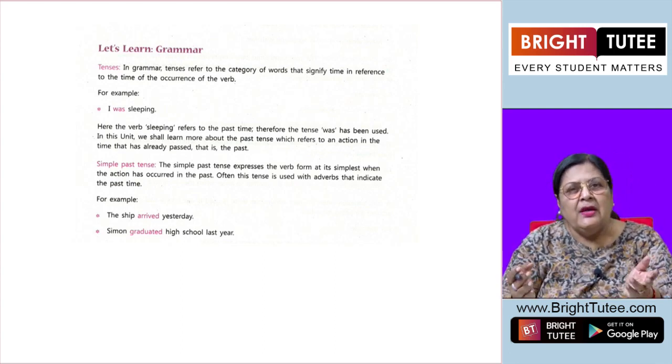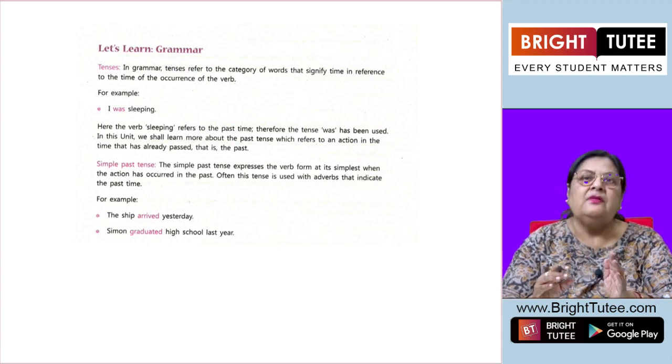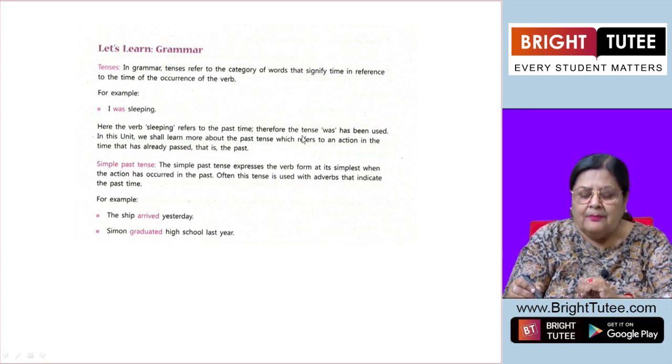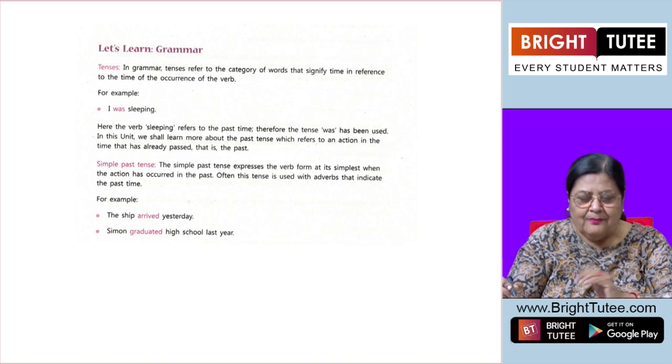Any work you are doing, like sleeping, writing, talking, eating, drinking, chatting, walking, all kind of work you are doing is a verb. So here the word sleeping refers to the past time. Therefore, the tense was has been used. So if you have to use simple past tense, then in that case you have to use was.